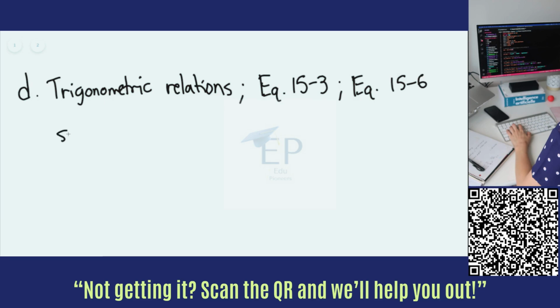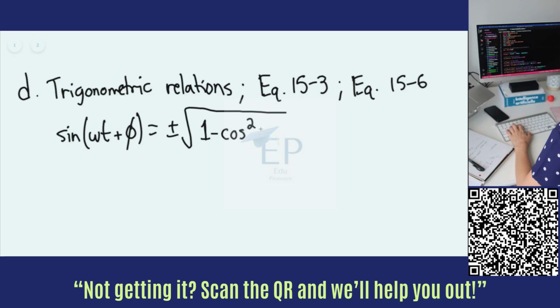So essentially we're saying that sine of omega t plus the phase constant phi would be equal to plus or minus the square root of 1 minus cosine squared of omega t plus phi.